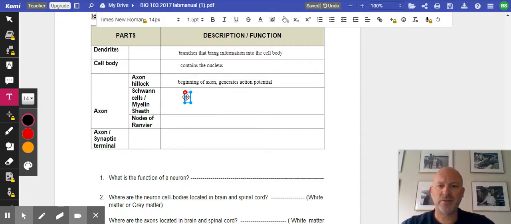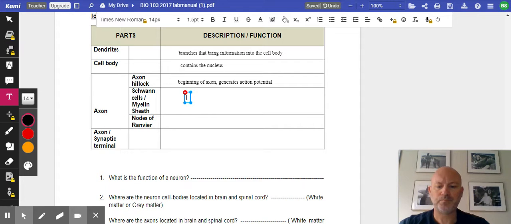Schwann cells wrap around axons and they produce a myelin sheath, which acts as an insulator.